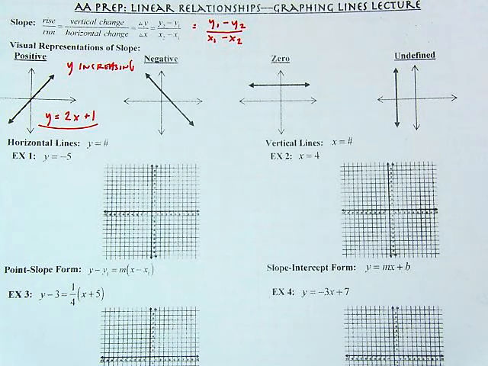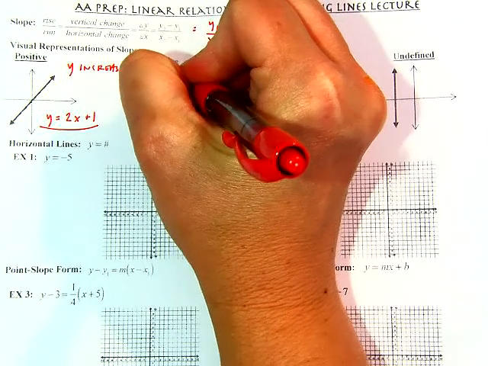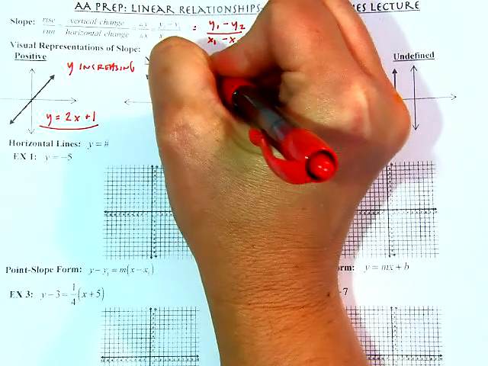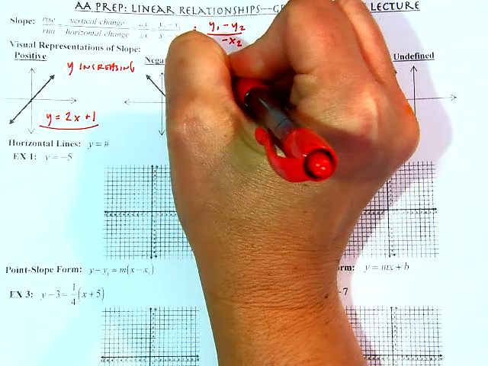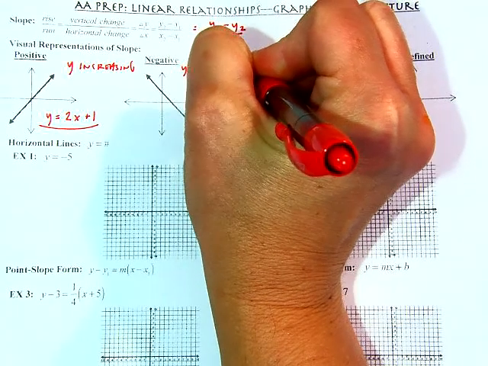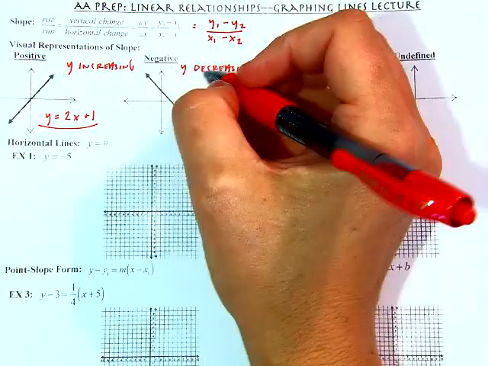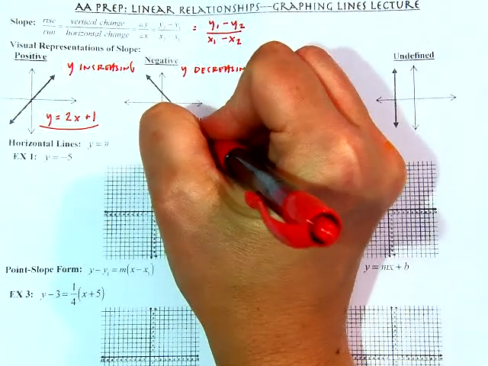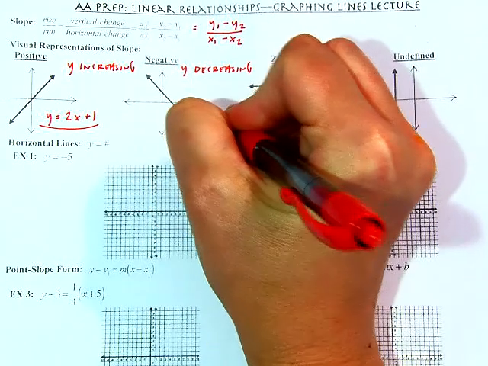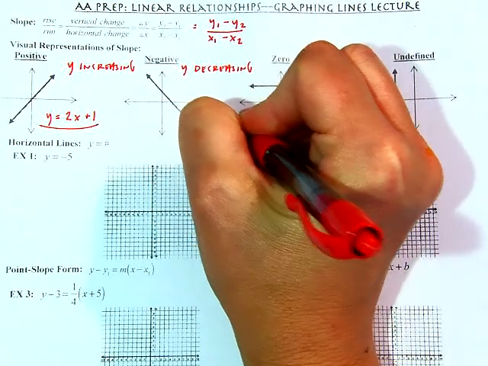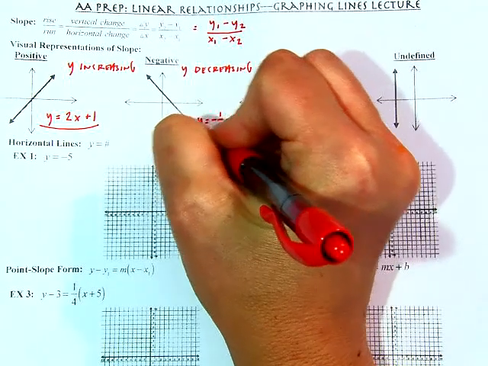Okay, a negative slope, my y values are decreasing. So when I read it from left to right, the y values are getting smaller. To give you an example of that, I could say y equals negative 1/2 x plus 3, for example.